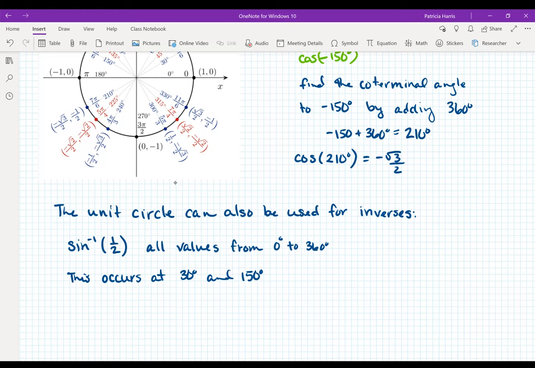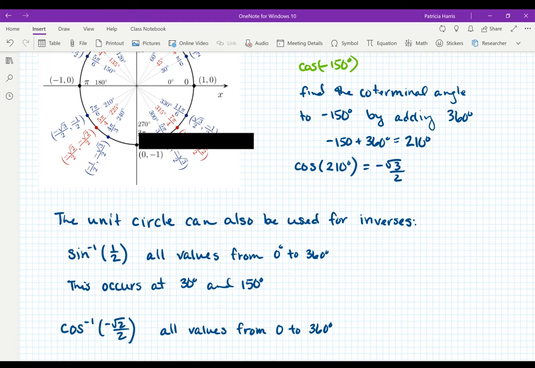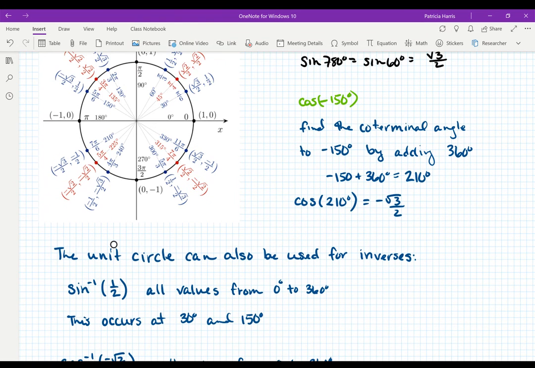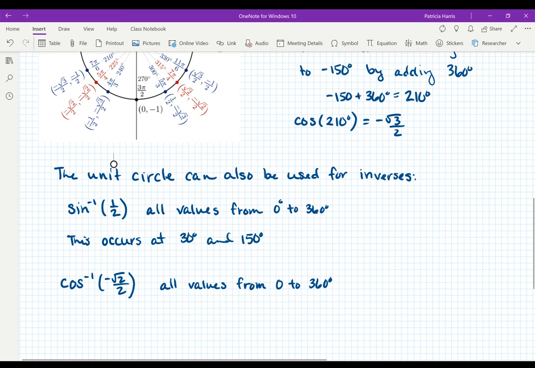Okay, so let's try another one. Let's do cosine inverse of negative radical 2 over 2 for all values from 0 to 360. Okay, so we're going to look for a negative radical 2 over 2 on my unit circle. Okay, so it doesn't happen at 45 degrees because it's positive, but it does happen at 135.